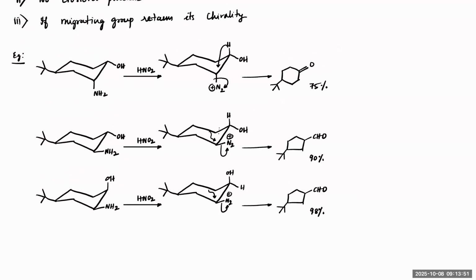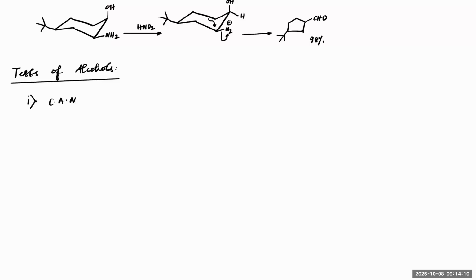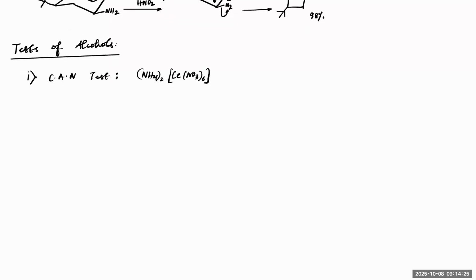Got it? And in the tests of alcohols, the CAN test is the most important one, where we'll take ammonium cerium nitrate. So here it is with 6 like this, this is ammonium cerium nitrate.